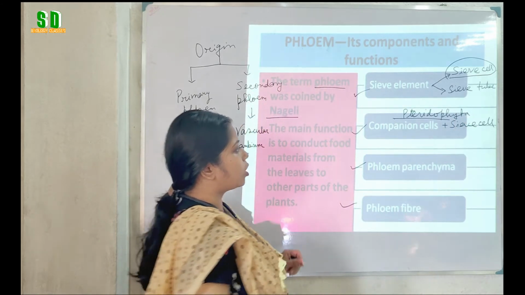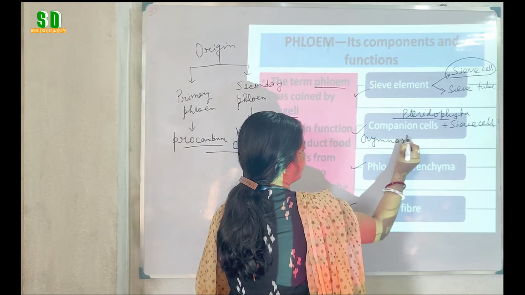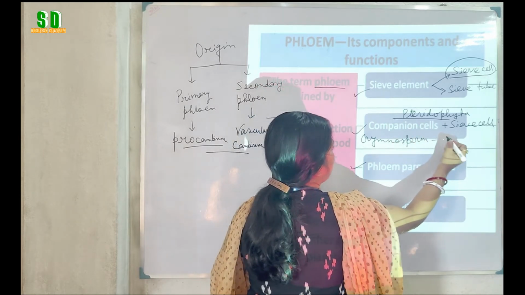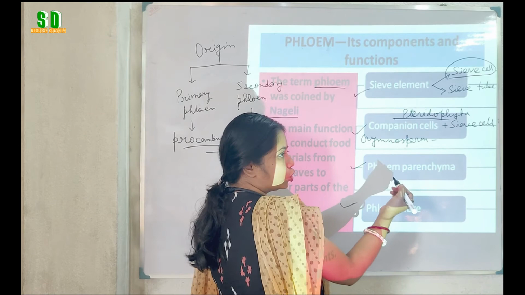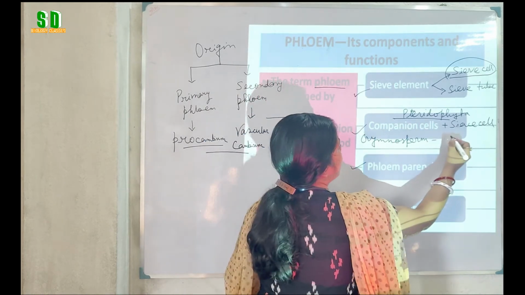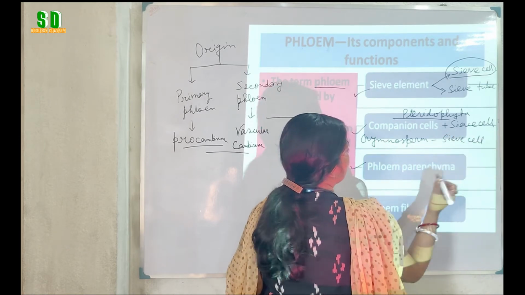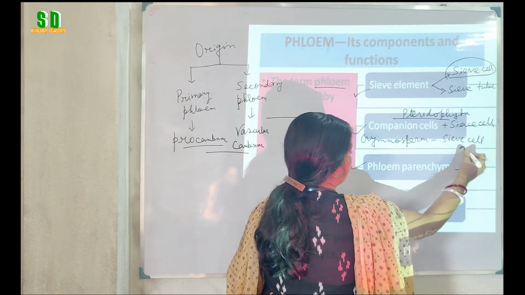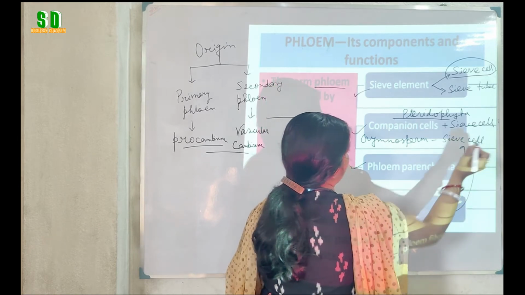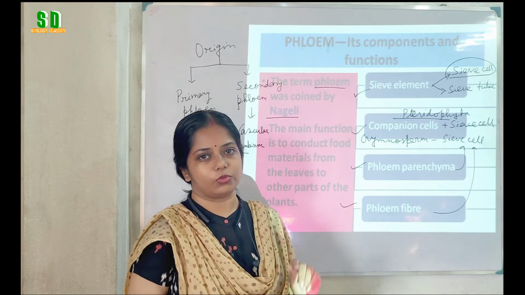Whereas in Gymnosperm, they contain the phloem tissue, but which components are present? Only the sieve cell, phloem parenchyma and the phloem fiber. That means companion cells are absent in Gymnosperm.